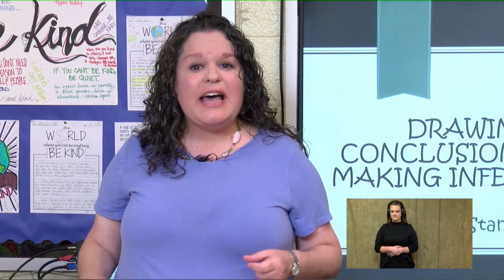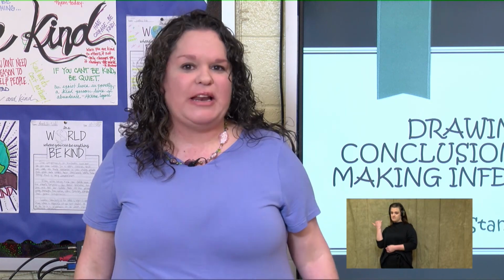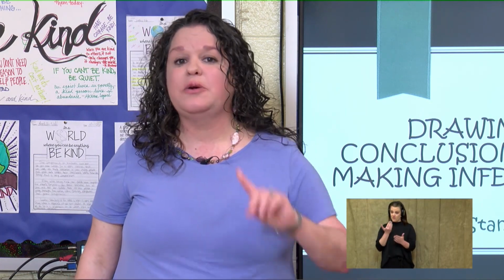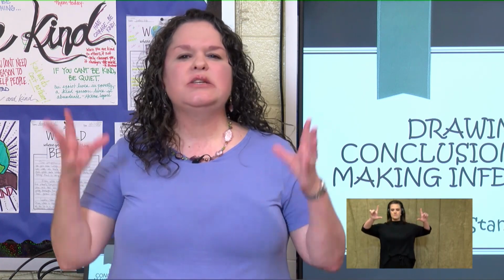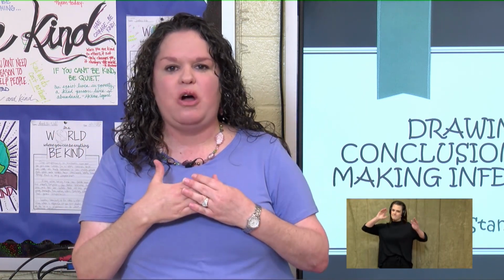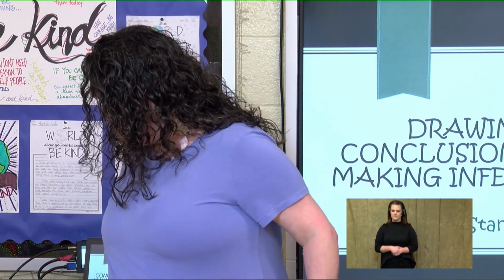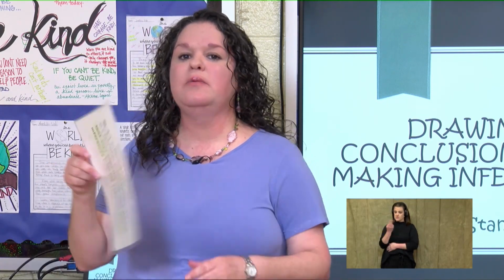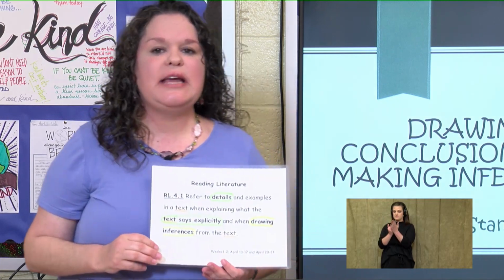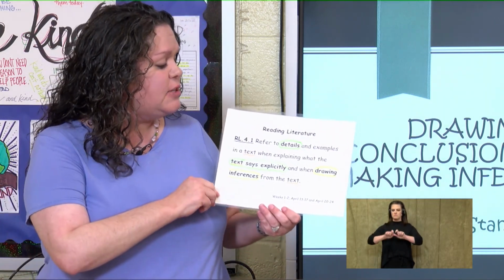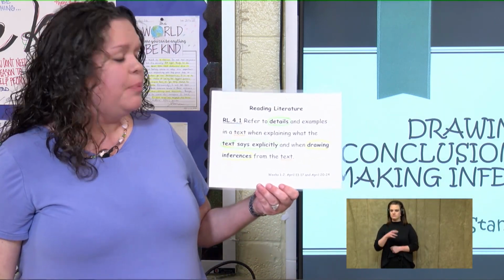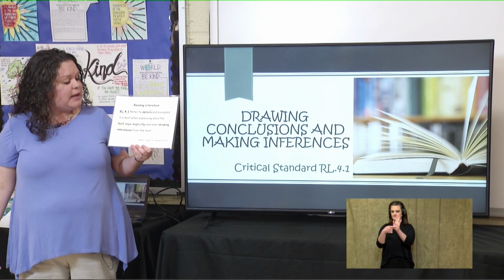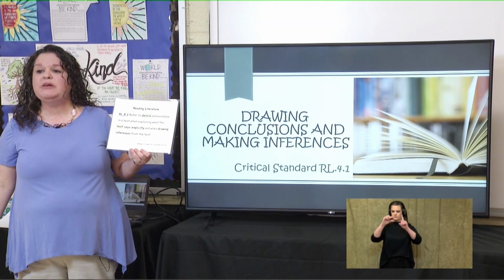So as I said, we're going to go ahead and jump right into the lesson. But before I do, we're going to look at the standard once again, just to really focus our attention on it. So last Thursday, when I did the lesson with you, I showed you the standard. It is referring to details and examples in a text when explaining what the text says explicitly.